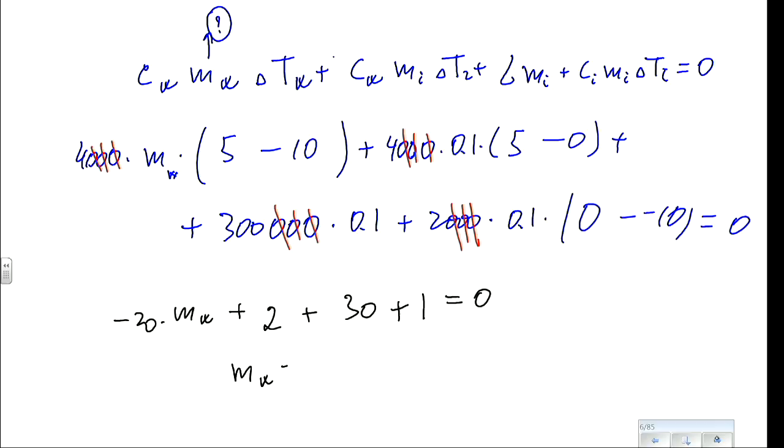So mw equals 33 over 20. 1 point something kilograms.